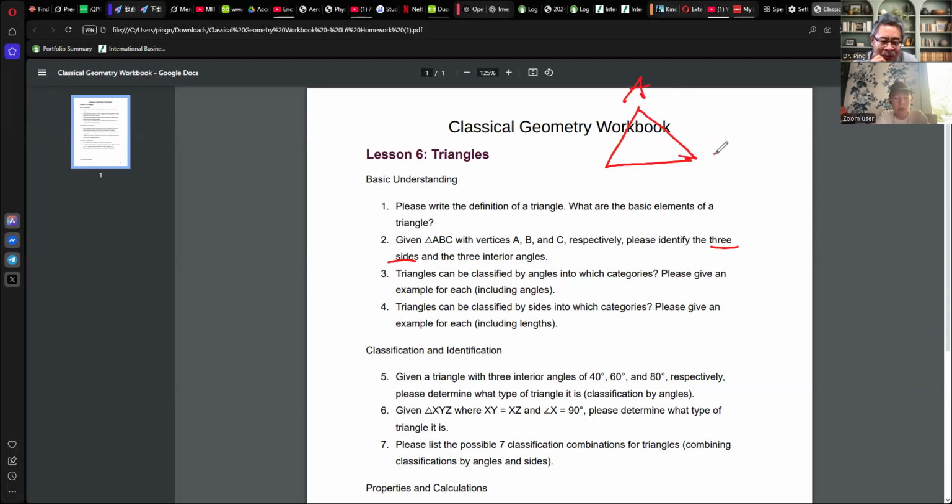We got A, B, and C. Now, what are the three sides? You can put it on the chat or you can just tell me.